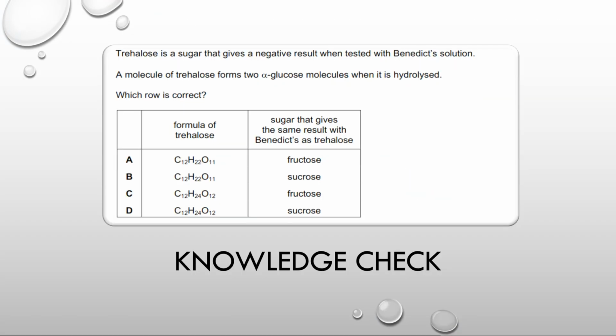So let's go on, guys. So another check. Which is a sugar that gives a negative result when tested with Benedict's solution? I want you to pause the video and solve it. Remember that any sugar that gives a negative result to Benedict's is usually a non-reducing sugar. If you watch the first video on biological molecules, non-reducing sugar, guys, right? And you know that is sucrose. All monosaccharides are reducing.